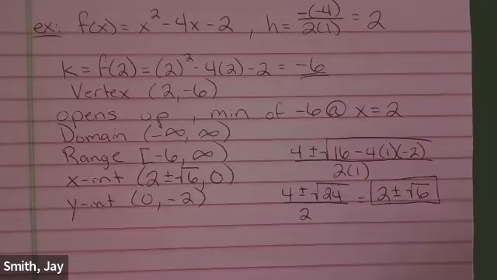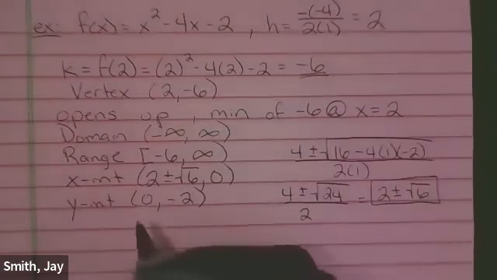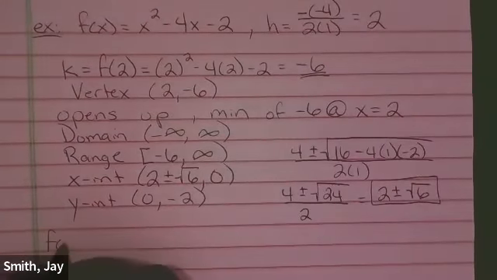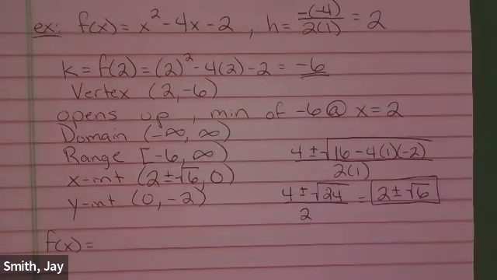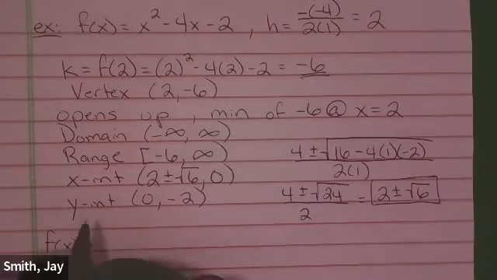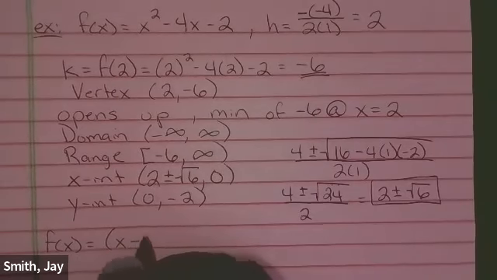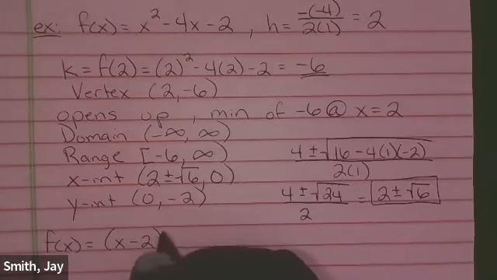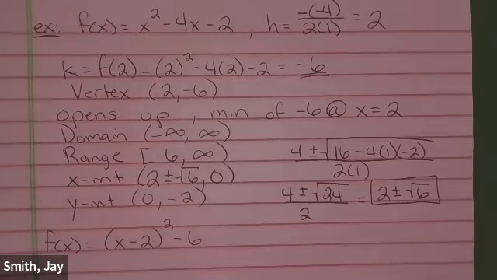All right. Now, to put it in standard form, the standard form of that same function f of x, which is x squared minus 4x minus 2, we open parentheses, x minus 2 quantity squared minus 6.